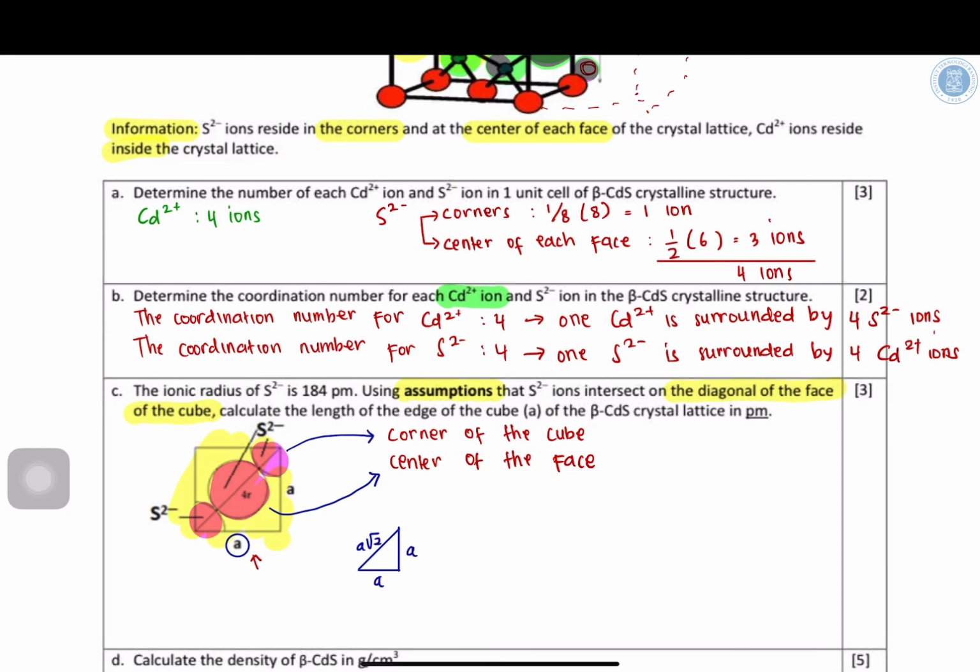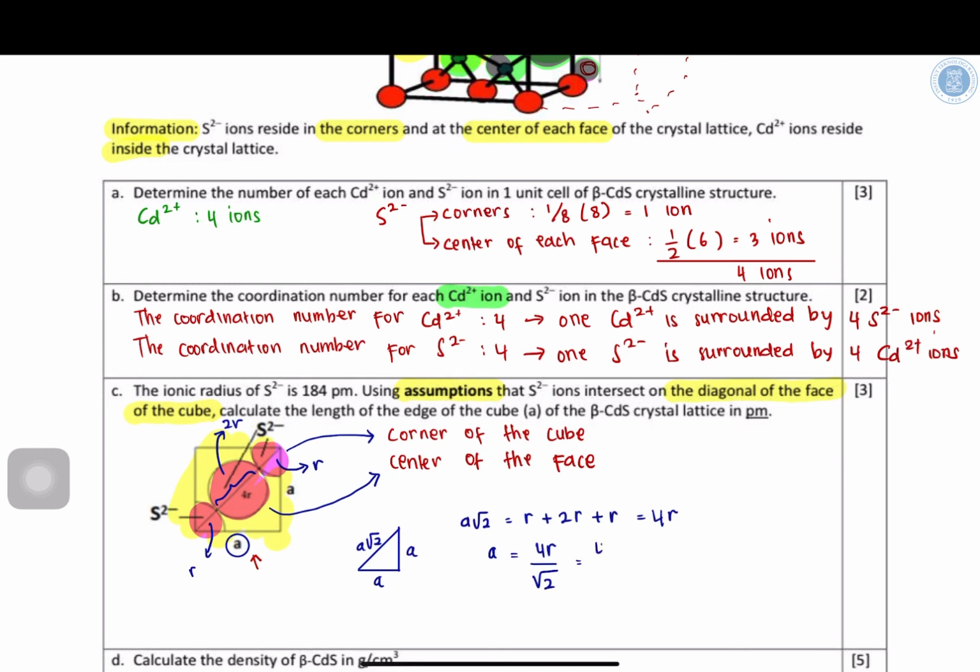And from the information that the sulfide ions intersect on this diagonal of the face, this one is r, this is also r, and the one in the middle should be 2r, so r plus 2r plus r, which is 4r. Now from this information, we can write down the formula of a, the length of the edge of the cube, which is 4r divided by the square root of 2.